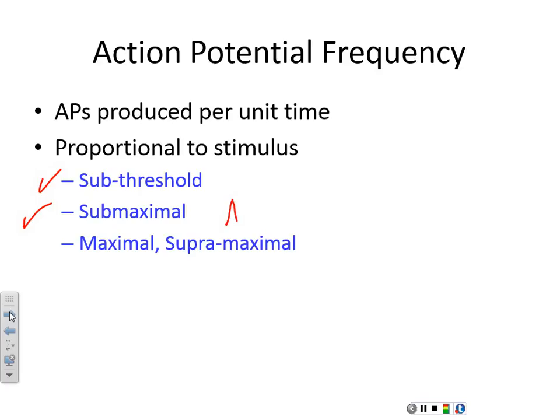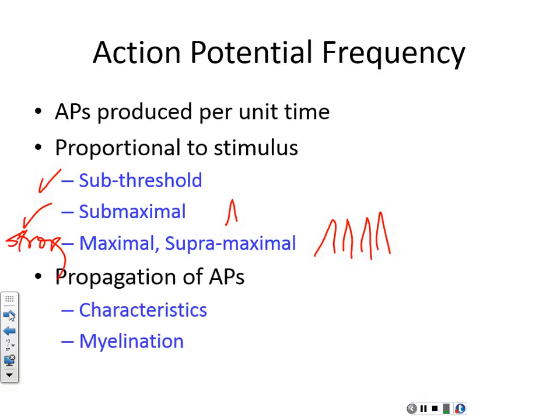If you have a maximum or supramaximum stimulus, then you get a whole bunch of these action potentials. So the frequency goes up per unit time. So that's a strong signal. That's the only way the nervous system can tell the difference between these signals: the frequency, the number produced per unit time.